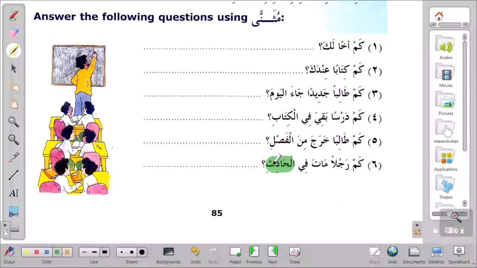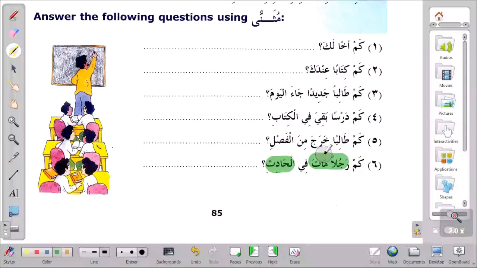So he says kam rajulan mata, how many men died in the accident? They say we should use two. So you want to say two men died. You say mata fil hadithi rajulani, or mata rajulani fil hadithi. I hope that is clear.